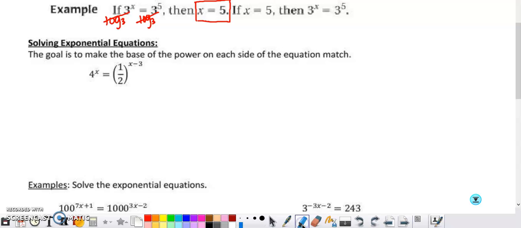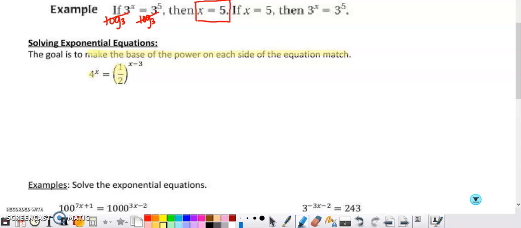So right now we have two different bases. We have a 4 base on the left and a 1/2 base on the right. So we have to think to ourselves, how do we make the base of the power on each side of the equation match?